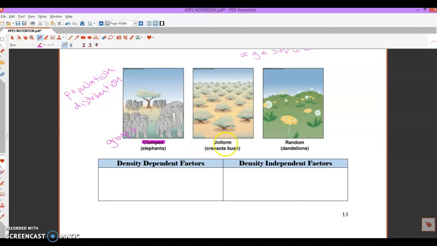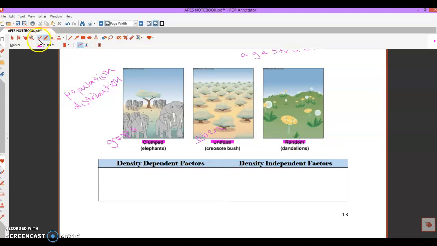Okay. Then we have uniform. So in uniform, you can see that there is a set pattern. They are evenly spread out. Okay, so we can say this is pretty much even. Okay, even space. They're spread out uniformly. Our last one is random.